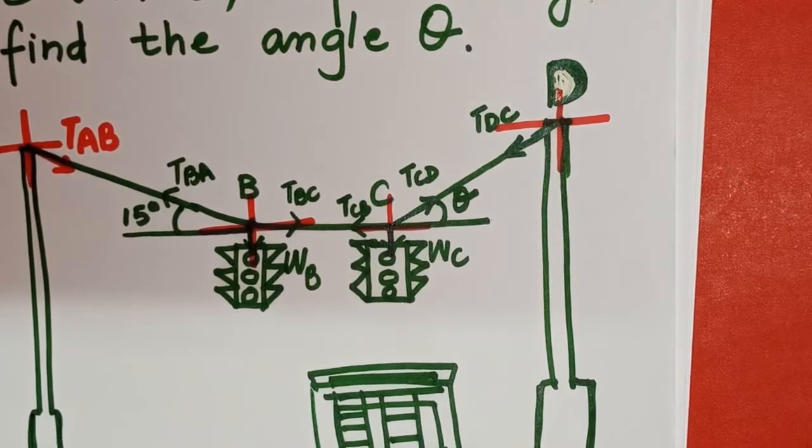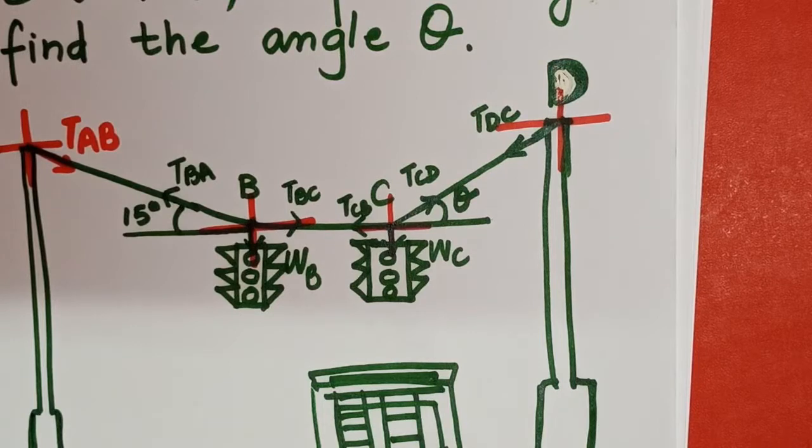At points A and D we have only one tension, so we are unable to find the other forces, or even tension TAB at point A and tension TDC at point D, because there is no other force with a known magnitude. Both are unknown.